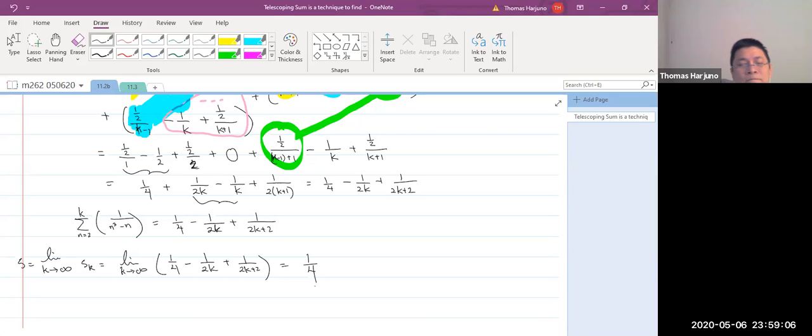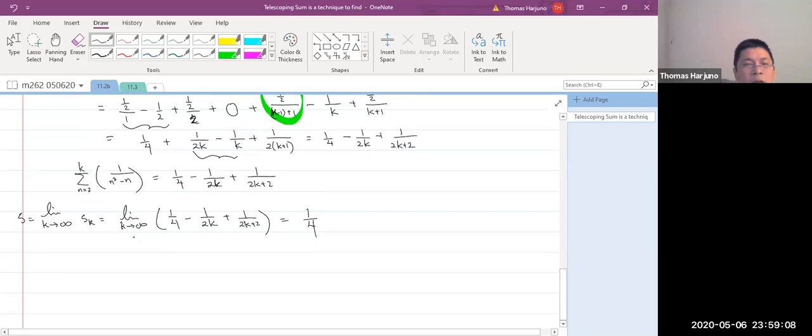Okay. Now to summarize then. The sum from n equals 2 to infinity of that 1 over n cubed minus n is equal to 1/4.